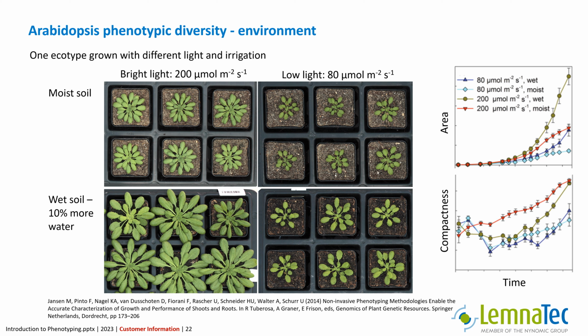The combination of moist soil and bright light, but also the combination of wet soil and low light, results in equal sizes of plants at the end of the experiment. However, the dynamics, how they grow to that final size, is different in both cases.